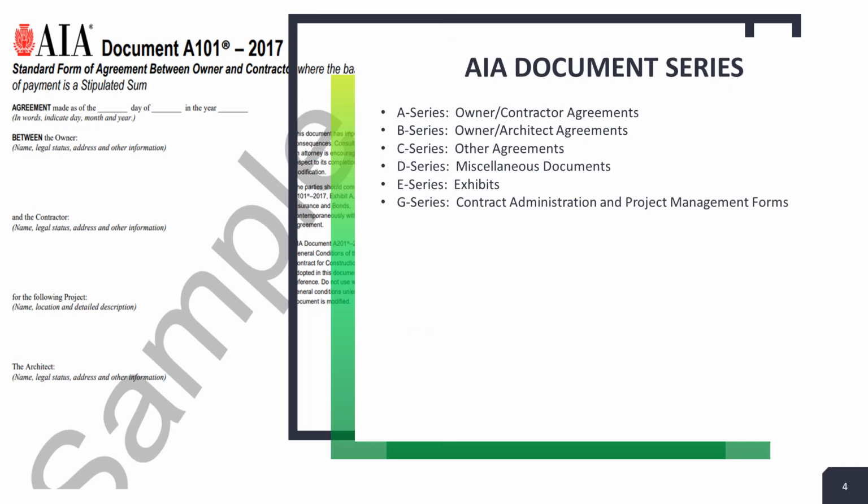You have the A series, which are multiple owner-contractor agreements, depending on how that needs to be set up. The B series are owner-architect agreements, and again, there are options for each one of those. The C series are other agreements. D series are miscellaneous documents. E series are exhibits, and G series are contract administration and project management forms.